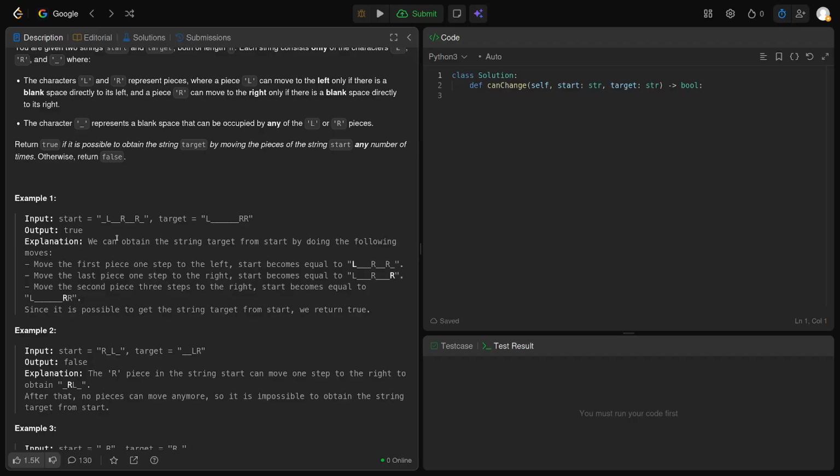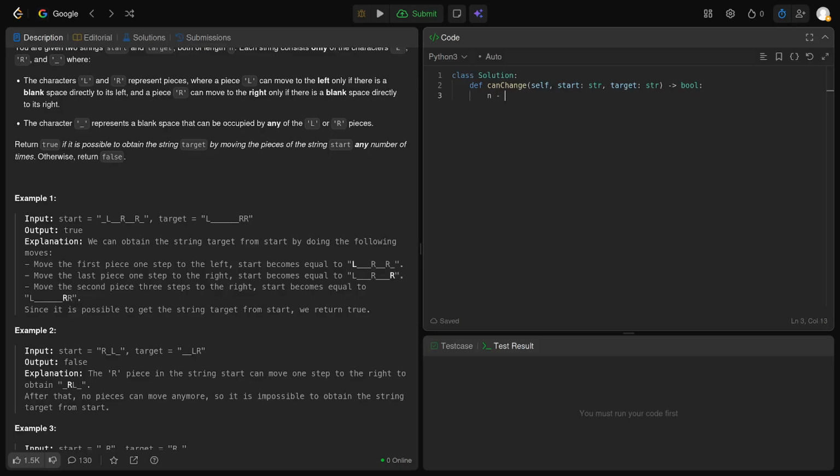And now if they are not the same, we return false. If they are the same but the start L is to the left of target L, we return false, because the start L can only move more left and target L cannot move. And same if we get R and R is to the right of target R.